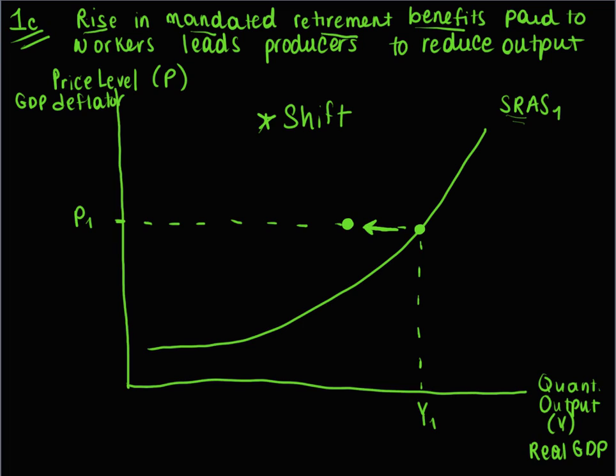And if you want to see the exact change in the quantity of output supplied, I can come down and label this Y sub 2, and I can clearly see the dynamic that my problem describes: as a result of the rise in mandated retirement benefits paid to workers, this leads to a reduction in the quantity of output provided by my suppliers.